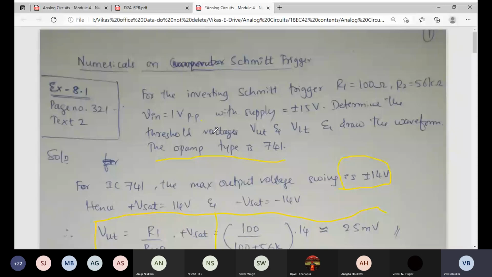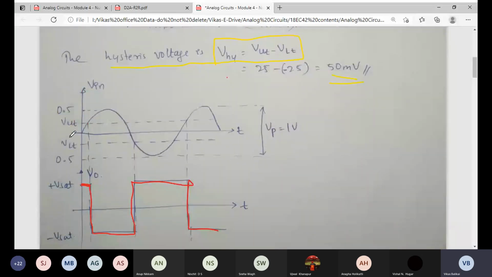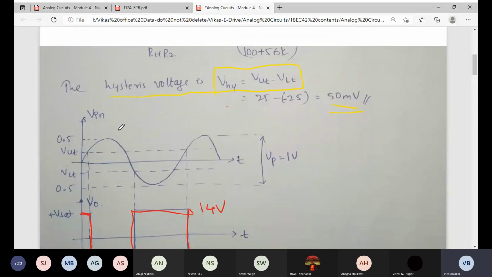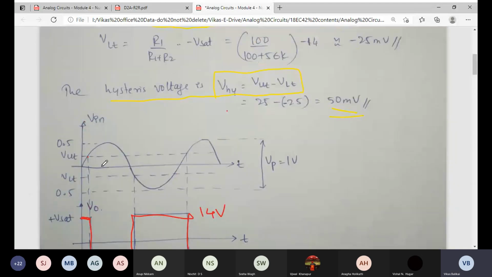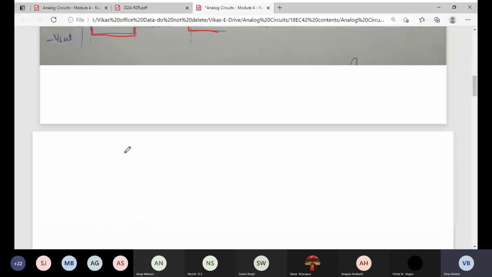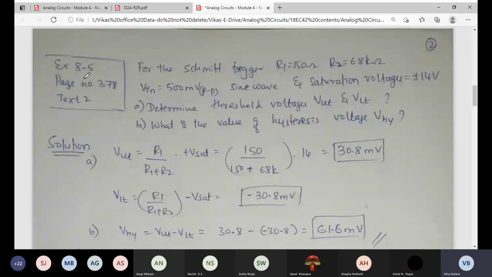Remember the waveforms well and try to replicate the same waveform over here. But remember to mention correctly the voltage values that are given. So this will be plus VSAT, that is 14 volt. If 1 volt peak to peak is given, then when I draw the input waveform here, you should not write 1 volt, it should be 0.5. So this is the first one, and the second one, this is example number 8.5 from page number 378.